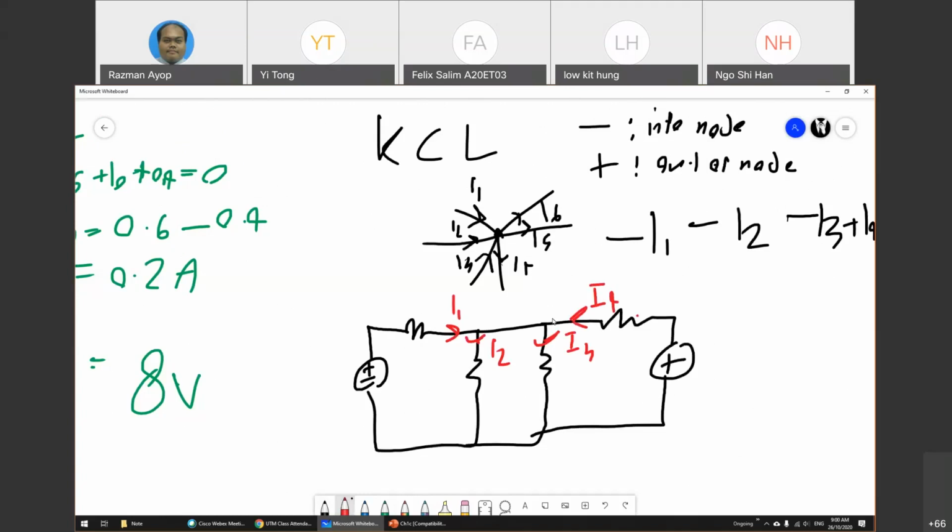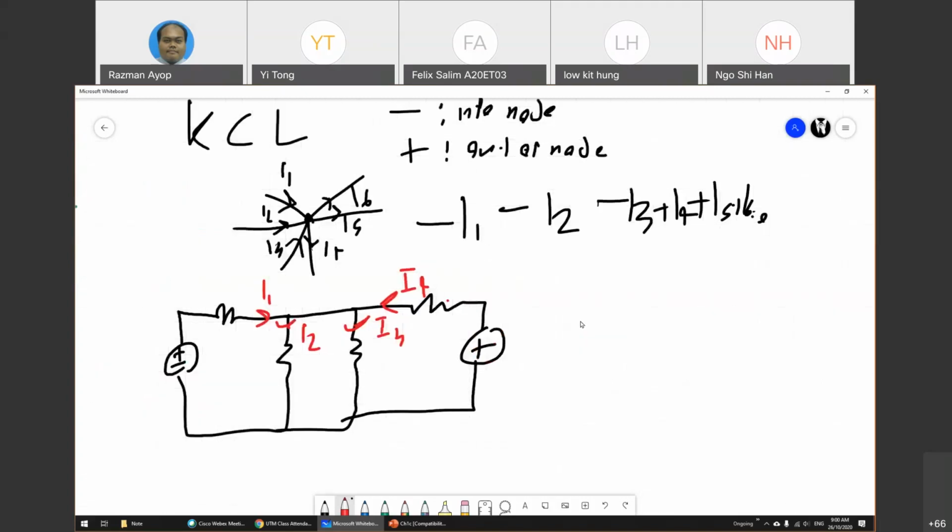So although this one doesn't meet, this one is considered one node. Okay, one node like this. So if you write the equation here, I1 goes into the node so it is -I1, plus I2 because it goes outside the node, plus I3, minus I4.